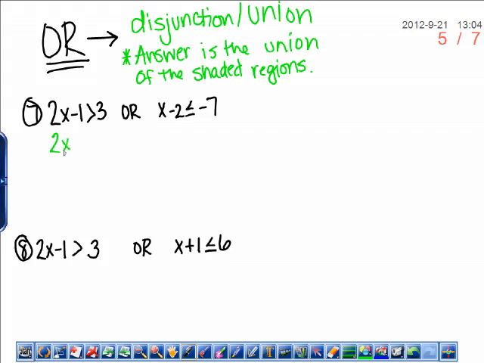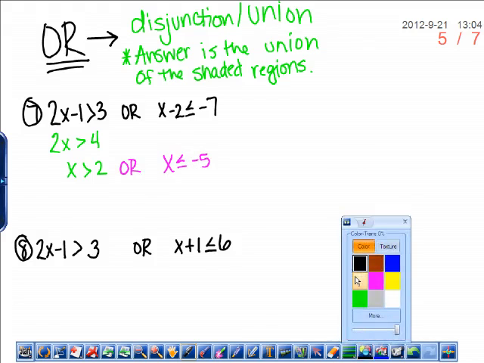So I get 2x is greater than 4, and x is greater than 2. Let's solve our other one. What do I get when I have x minus 2 is less than or equal to negative 7? Good, and I have my or here. We've got to plot this on a number line and see what happens.